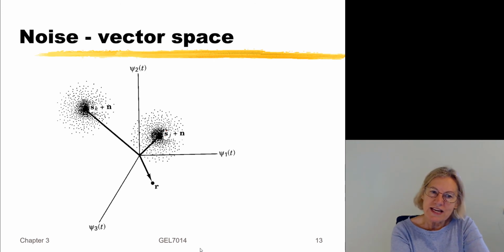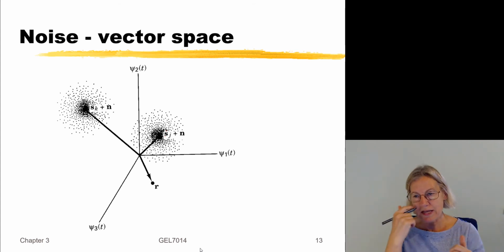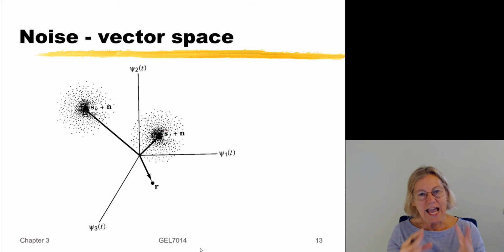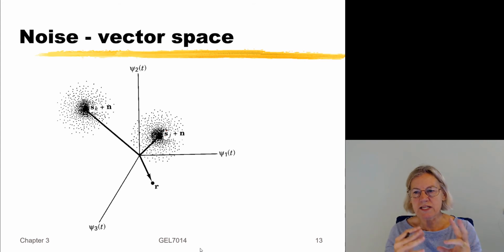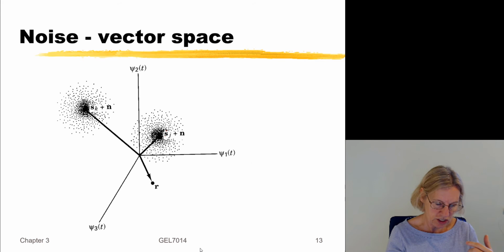So that means that instead of landing right at the precise point that was transmitted, when I examine the signal space at the receiver, what I get is a displacement. Every time I send that same symbol, I get a different noise added to it. And if I take the sum of those two vectors, I get a new position.